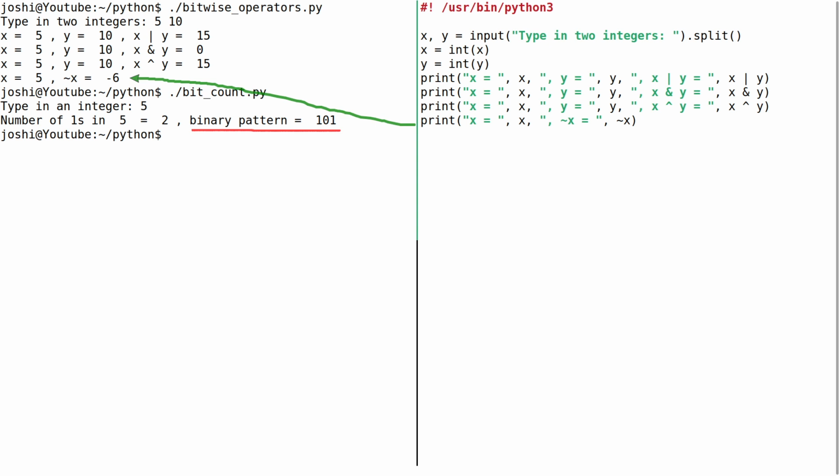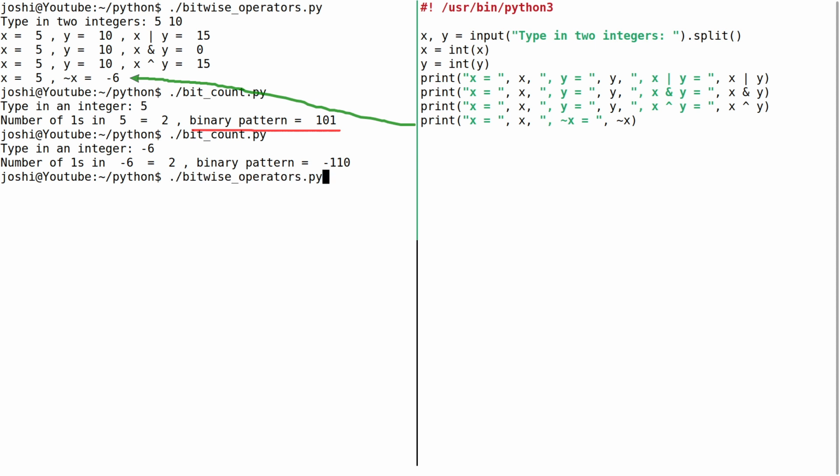Whereas, as I told you in previous videos, the number of digits which can be used in Python to represent an integer is practically infinite. So if it is 5, it will print only 101, no leading zeros. If I rerun it and say -6, it will be represented as -110. So Python processes and represents negative numbers in a different way, and their bit patterns also.